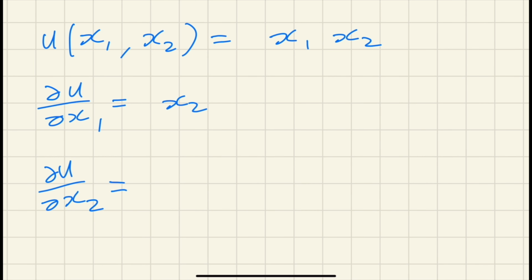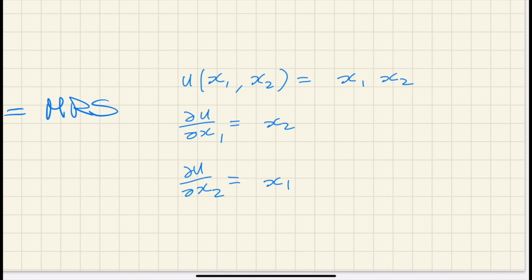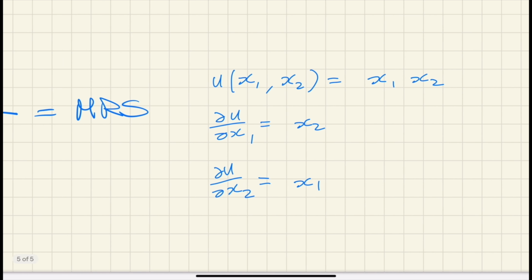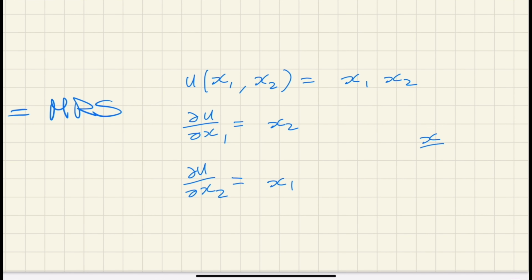And similarly for the second part, it's just going to be x1. So now let's combine these two things together with the formula here, where we are asked to do the division between the partial derivative with respect to x1 over the partial derivative with respect to x2. What we get is going to be x2 over x1, which is going to be the MRS for this utility function here.